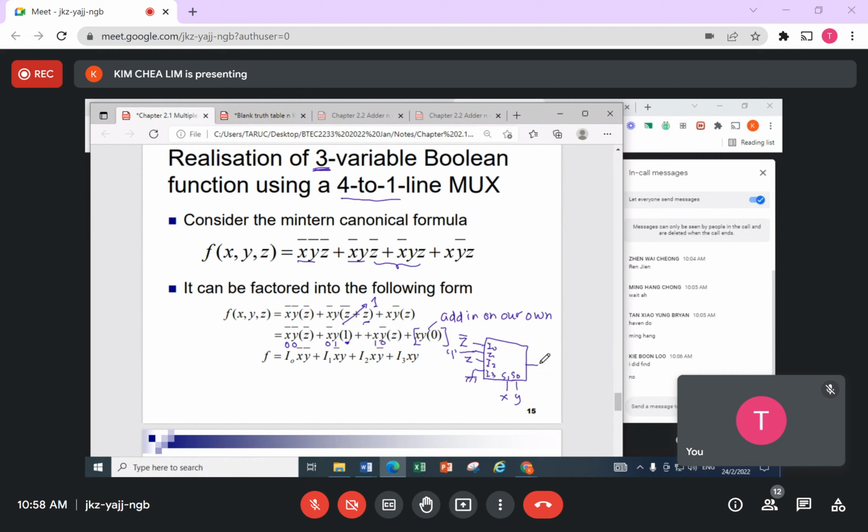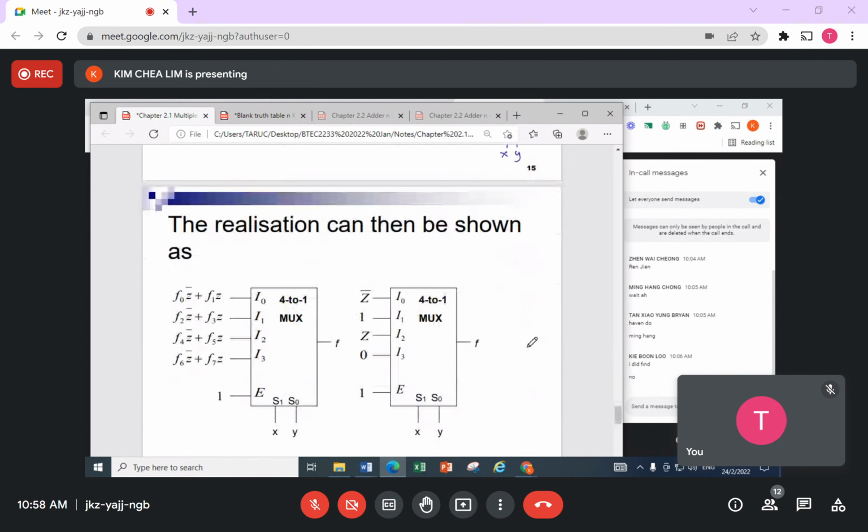So from this case here, you're going to find that instead of using an 8-to-1 multiplexer, now you are using a 4-to-1 multiplexer. I will explain, so you can sort of skip this one, directly see this. You find that I reduce it, I am going to make the connections of this form.